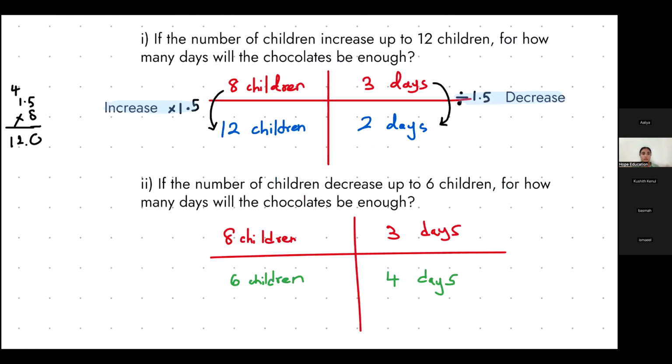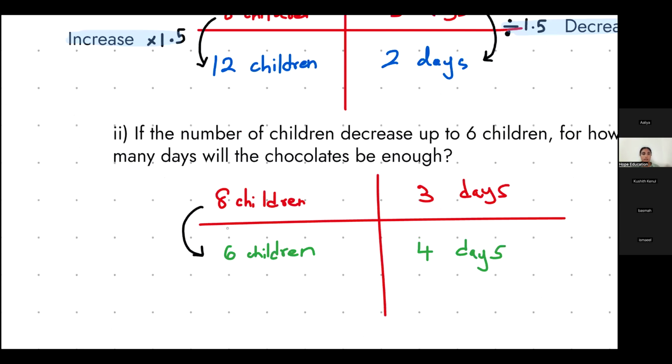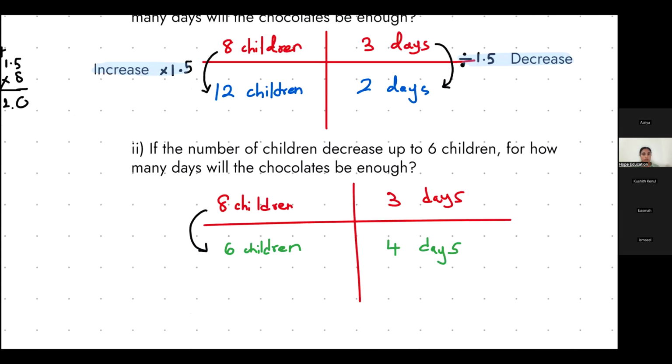Now look at this one. Here now the number of children is decreasing. Now the number of children is decreasing by a ratio of what? It's a little complicated. Not very good.